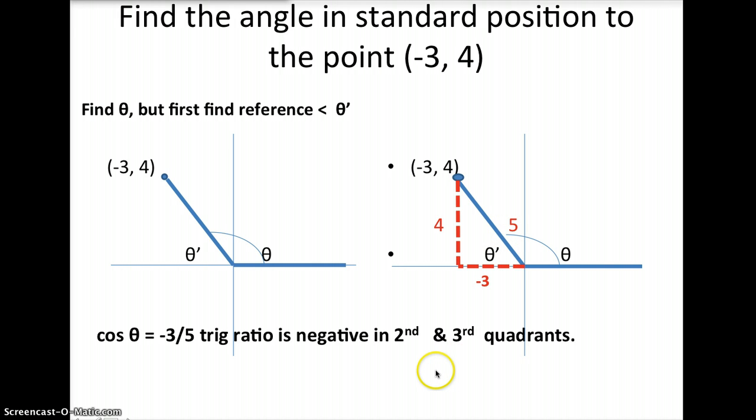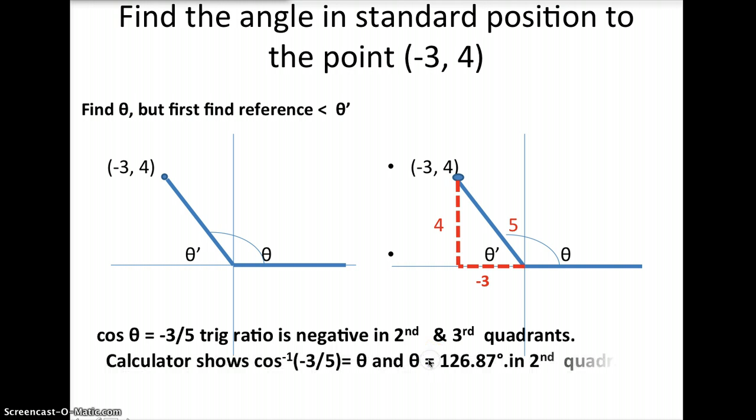And cosine is negative in second and third. Our drawing's in second, so I look it up on my calculator, cosine inverse of negative 3/5, and it actually gives me 126.87, which is in second quadrant. That is the right answer. Finally, we got to it, and only the cosine would give us that one in the right quadrant.